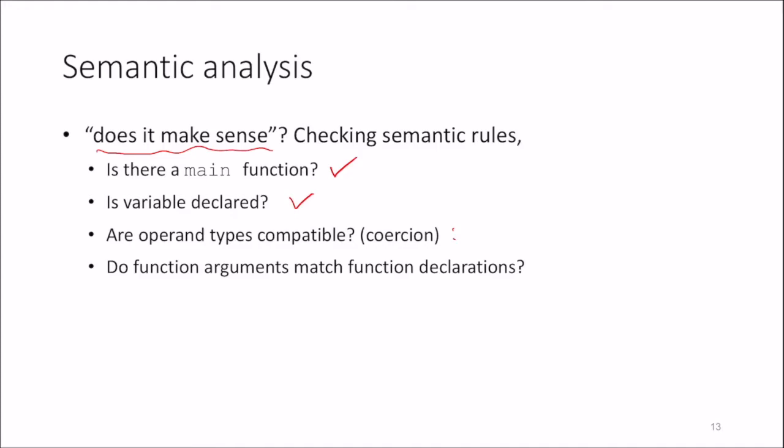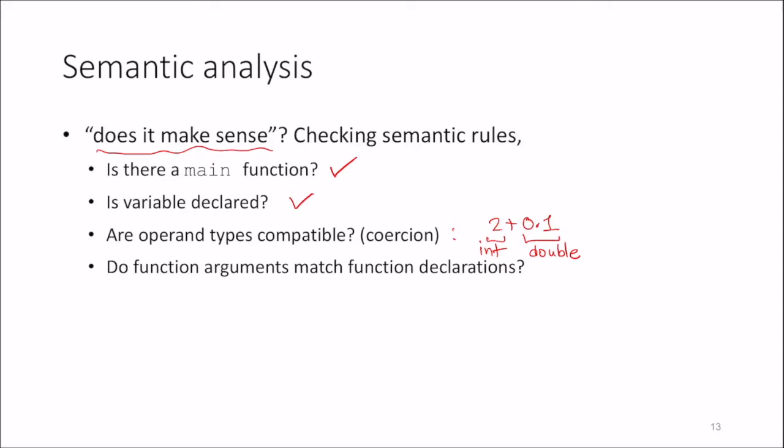So for this one, let me use an example. So let's say you have an addition of two numbers, right? So let's say that you have 2 plus 0.1. Now, in a strongly typed language, 2 might be represented as an integer, whereas 0.1 is represented maybe as a double or a float.